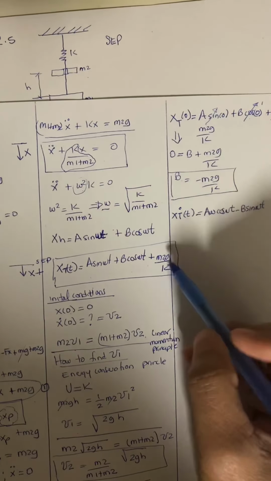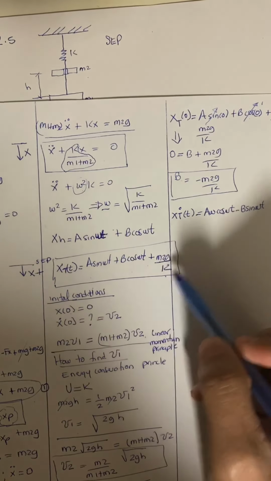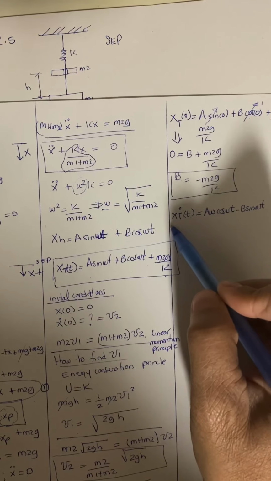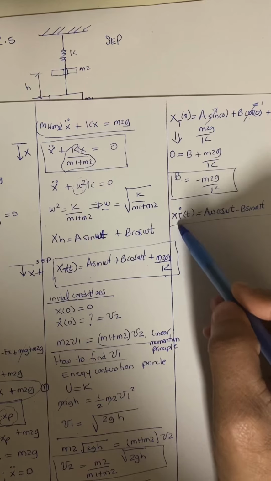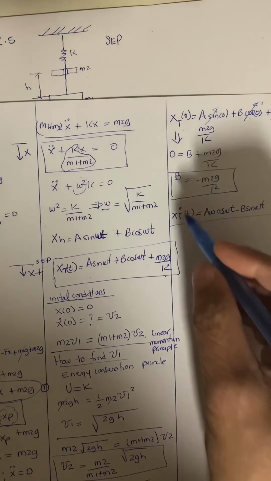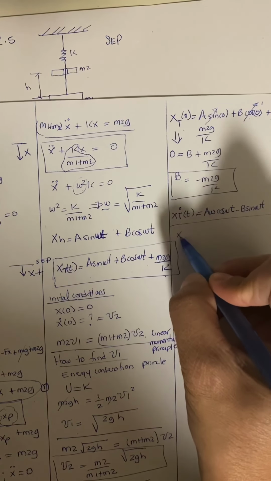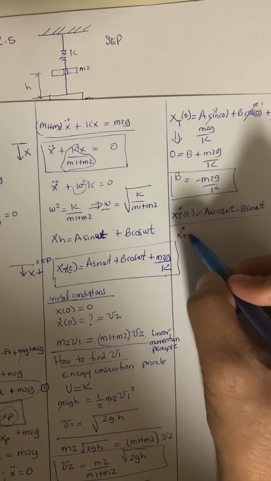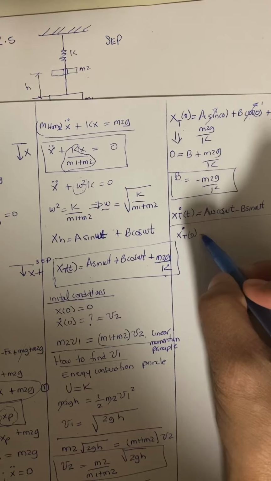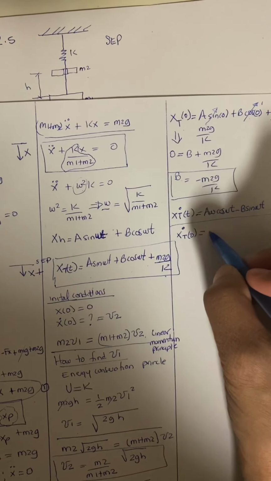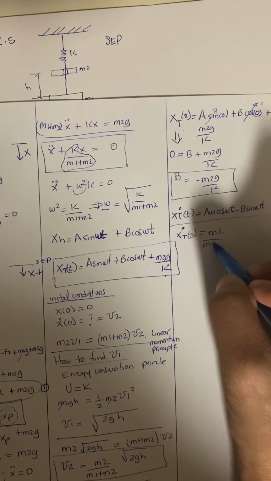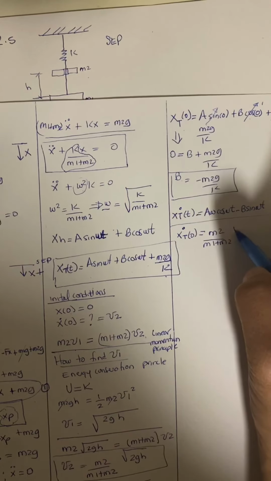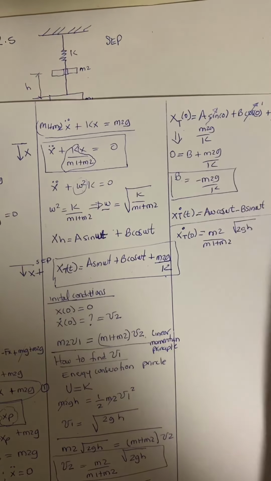And then the derivative of m2g over k is equal to 0. So this is the derivative of the total solution. Now, the derivative, which represents the velocity at time 0, we already determined is equal to m2 over (m1 plus m2) times the square root of 2gh.